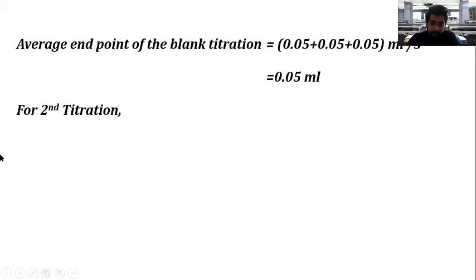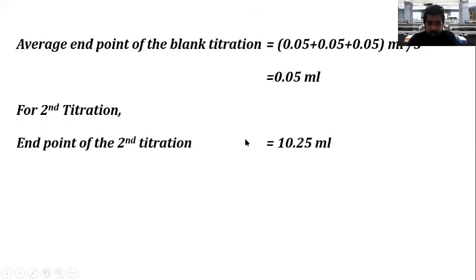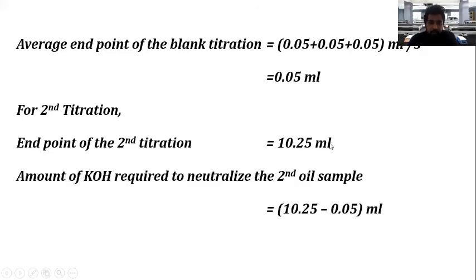Then for the second titration, we can neglect the first titration because it is deviated from the other three, and we have to consider the second titration onwards. The endpoint of the second titration is 10.25 milliliters, and to find the amount of potassium hydroxide required to neutralize the second oil sample, we have to reduce 0.05 from that burette reading, because 0.05 was used to neutralize the reagents.